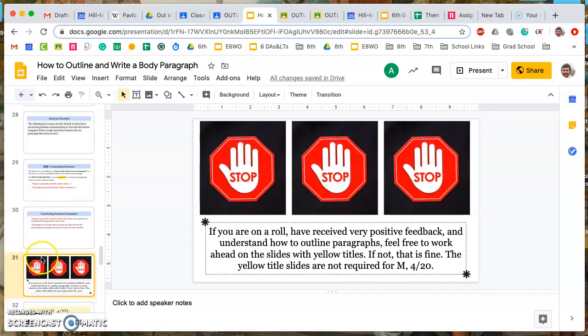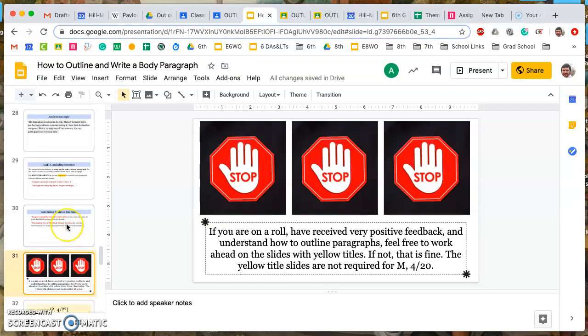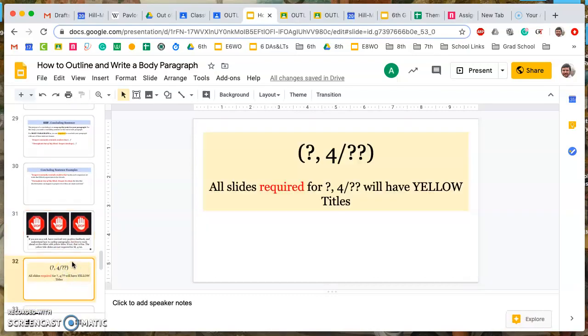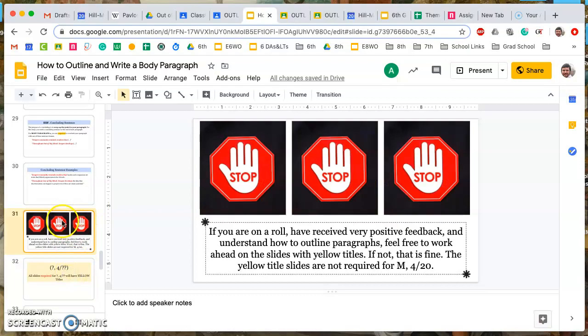I would not work ahead until you have revised your body paragraph 2, unless you have the hang of it and you feel pretty confident, you got some solid enough feedback on the first body paragraph and you want to get ahead. You could start working on body paragraph 3, but it's not required yet. You just need to finish body paragraph 2 by 2:30 tomorrow so that I can give you feedback by Thursday.